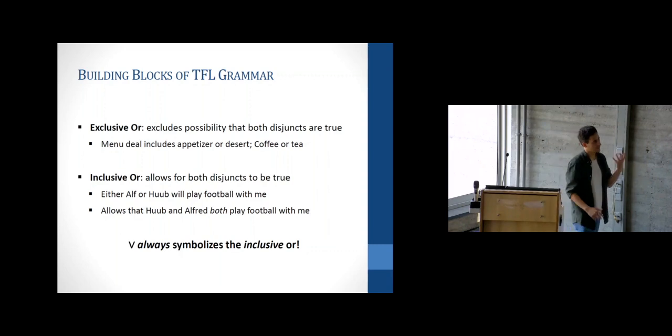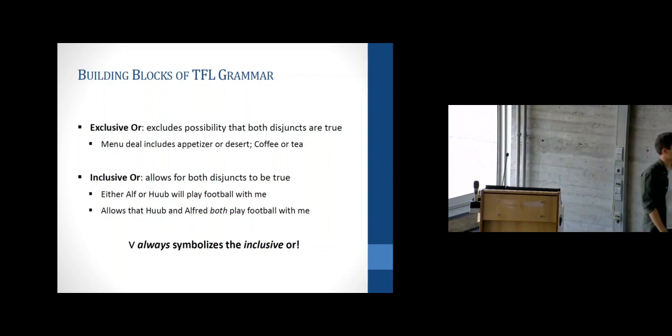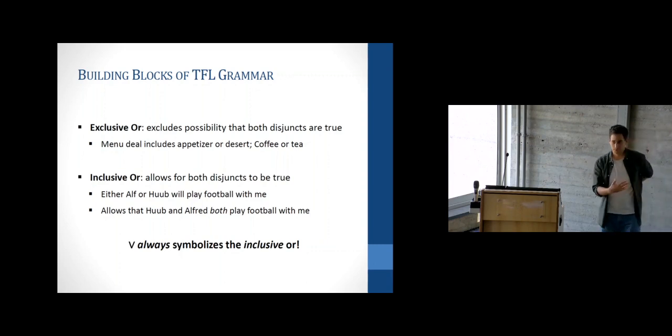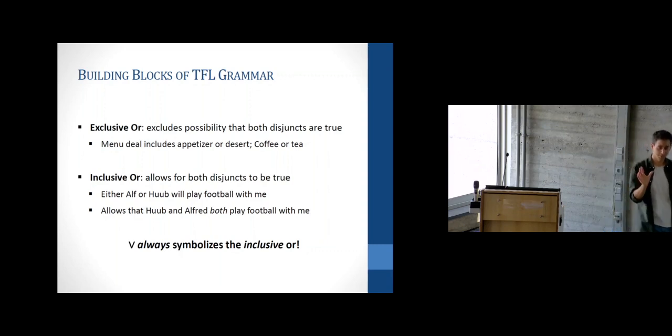And inclusive or does allow for both disjuncts to be true. So when I say either Alf or Ru will play football with me, and I mean the inclusive or, then I'm not ruling out the possibility that they both play. This is different from "you will either get an appetizer or dessert".